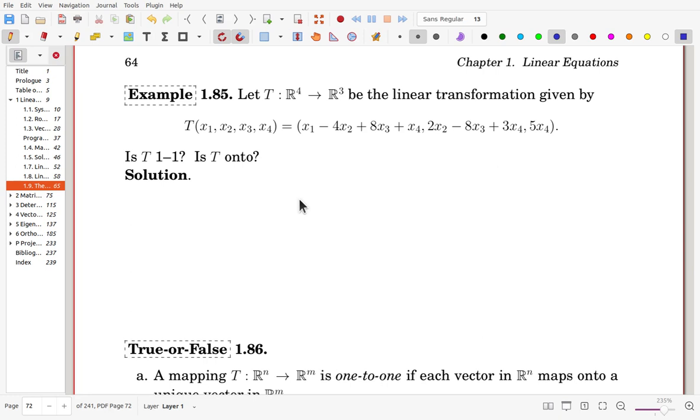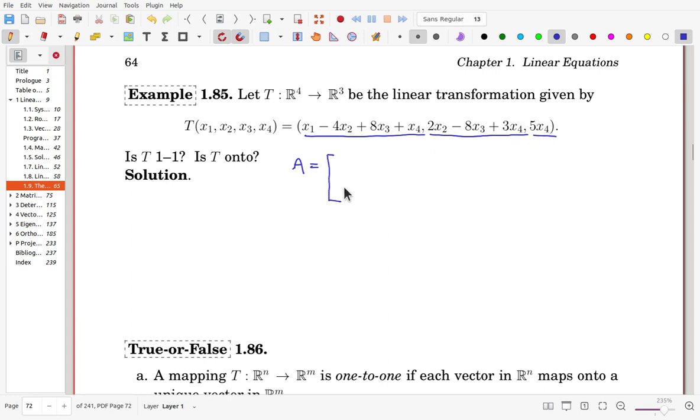Okay, if we try to use the matrix technique, then from this transformation, we have to find the standard matrix. Let's see what it is. Okay, the corresponding standard matrix. Okay, now we have right now 4 components here. No, it's 3 components. Okay.